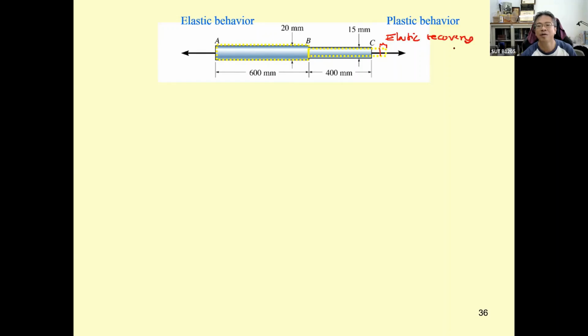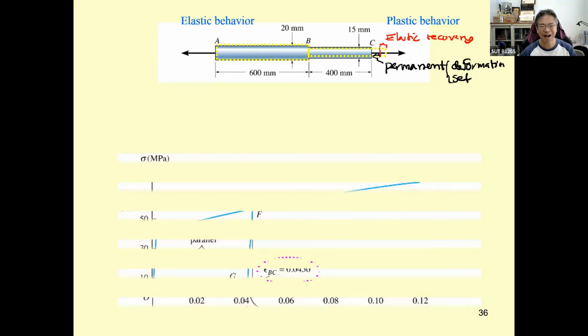The part that won't return, we call permanent deformation, or sometimes in short we just call it permanent set. Okay, and then the graph comes.